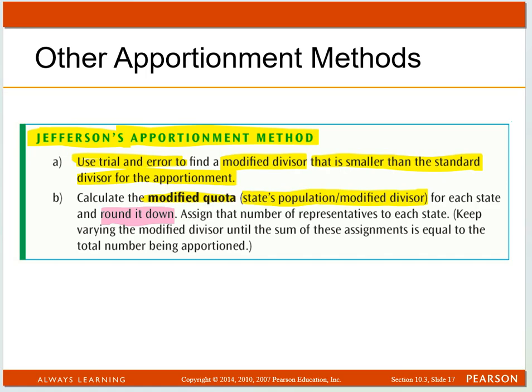I'm going to use the number 12. Okay, if you take 12 and divide it by 2, the answer is 6. If you take 12 and divide it by 3, the answer is 4. If you take 12 and divide it by 4, the answer is 3. If you take 12 and divide it by 6, the answer is 2.